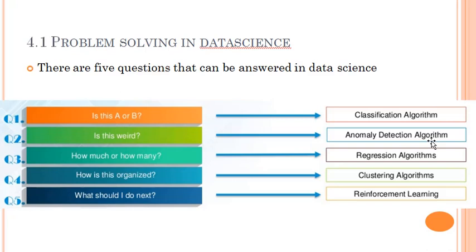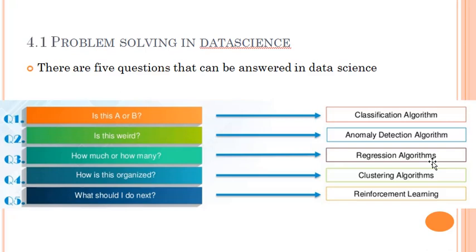Question number three is related to how much or how many, right? It comes under the regression algorithms. In regression algorithms, we are trying to find the value of a dependent variable on the basis of some independent variables, right?